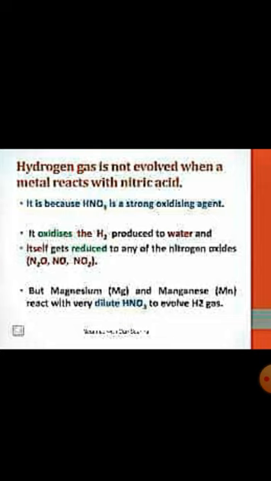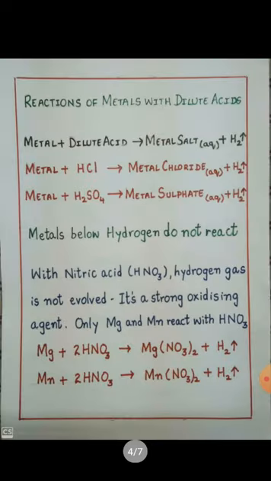But remember, you should take very dilute nitric acid. Only magnesium and manganese metals can react with it. Now let us see how we can write the chemical equations for a metal with dilute acids.